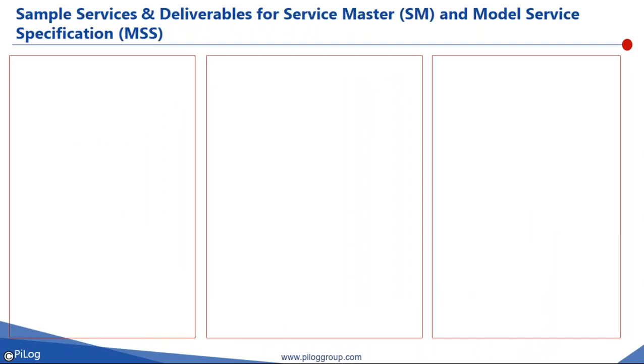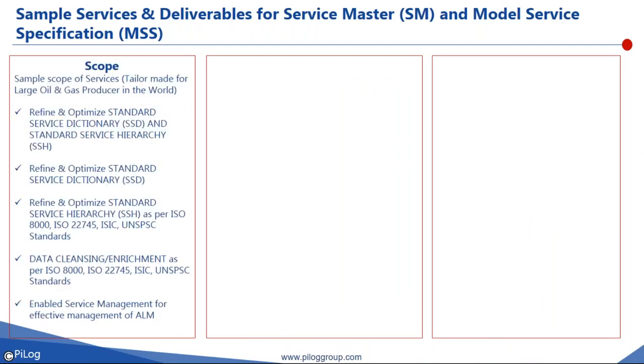Some of the leading industry players with whom we are working define the scope saying that this is what I need in terms of my service directory standardization. They talk about optimization of standards based on ISO 8000, ISO 24745, or even the equipment standards. If you are talking about oil and gas, they will talk about ISO 14224, or they will talk about ISO 55000 and 45000 for other industries.